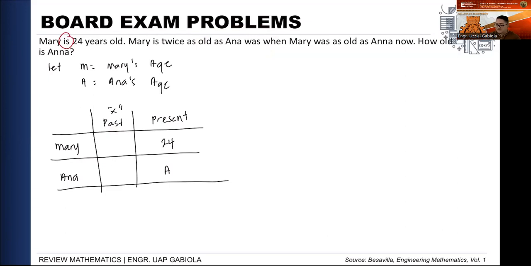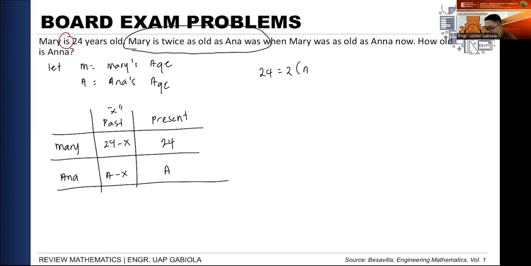So, dito ganun din. Nung past, si Mary ay 24 minus X and si Anna is A minus X. Okay? In X years, hindi natin alam kung ilang years, kaya X years, no? Nakalagay, Mary is twice as old as Anna was. So, si Mary, yung present, is twice as old as Anna was. So, ibig sabihin, yung twice nung past ni Anna, which is A minus X.